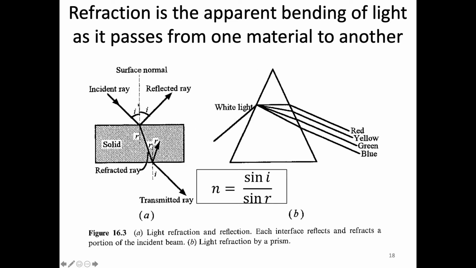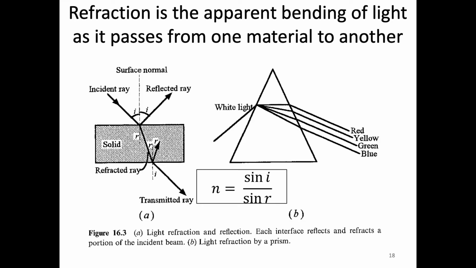We can think of an incident ray moving through vacuum or air in one direction, and then it encounters a solid, and it appears to be refracted or bent by a different angle. When it comes out of that solid, it goes back in the same direction as the incident beam, because it's that same material, either vacuum or air.